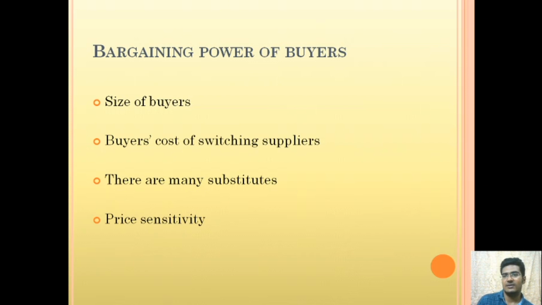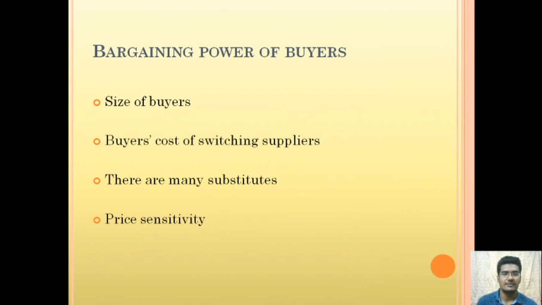For example, if I like a product for its quality and the price is good, and now there is a price fluctuation, and I have an immediate alternative with the same quality at a lesser price, I would immediately switch over to that.